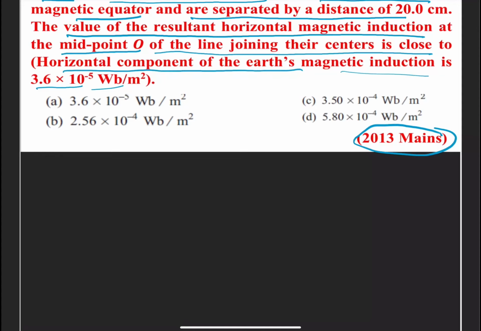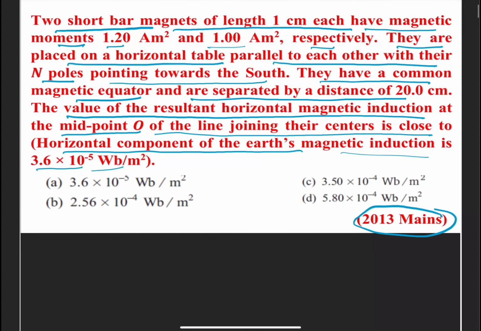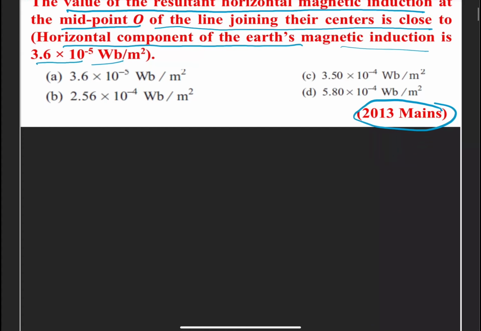So in this case, we have two bar magnets, and it says that their north pole is pointing toward the south. Okay, so let's draw an approximate figure for that. So we have the north and south direction.